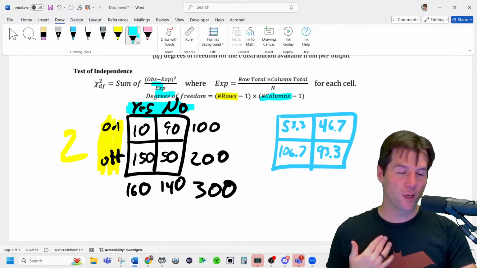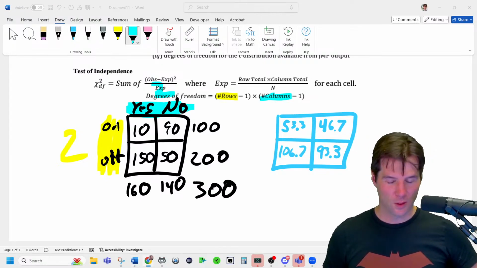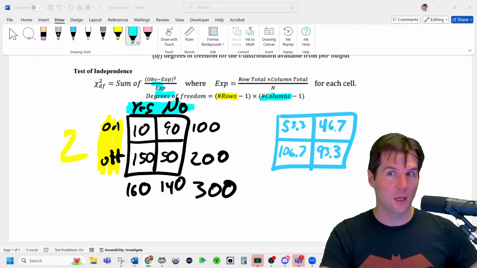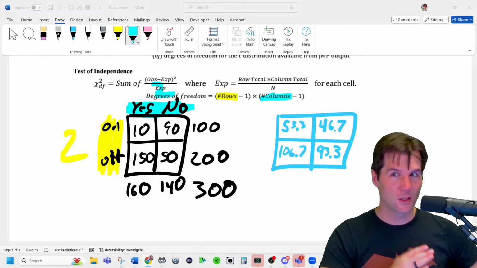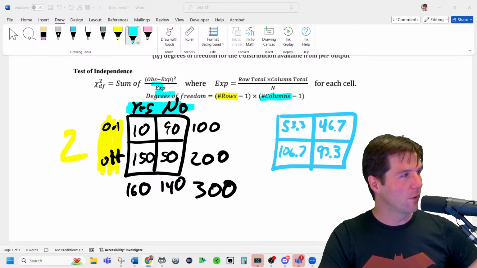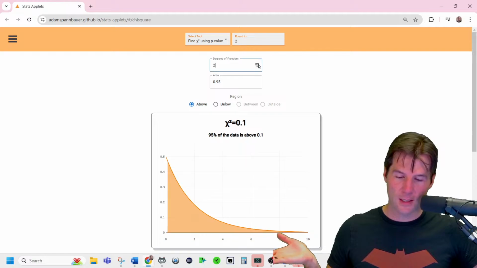And the degrees of freedom tell us the shape of the chi-squared. So let's go ahead and look at the chi-squared applet. You'll notice the chi-squared is another distribution based on degrees of freedom, which lets us know the shape. You put in new degrees of freedom, and it has a new shape to it.